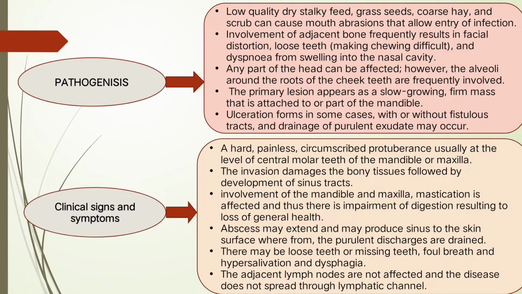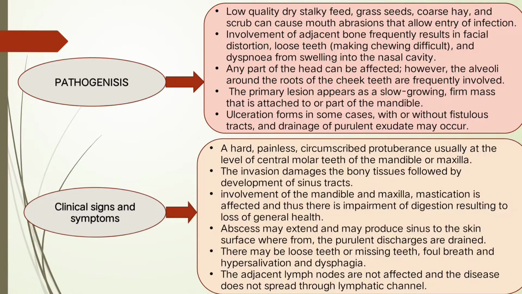Now let us look at the pathogenesis. Feeding of low quality, dry, stalky feed, grass seeds, coarse hay and scrub can cause mouth abrasions, which allow the entry of infection into the body.